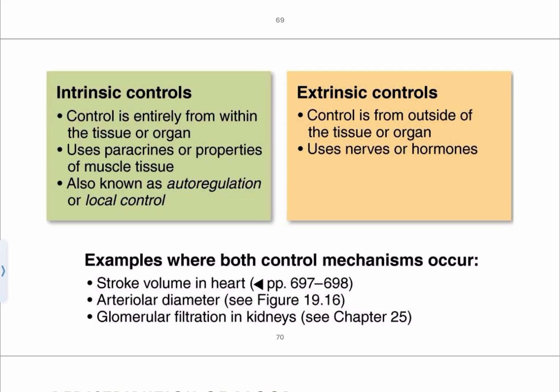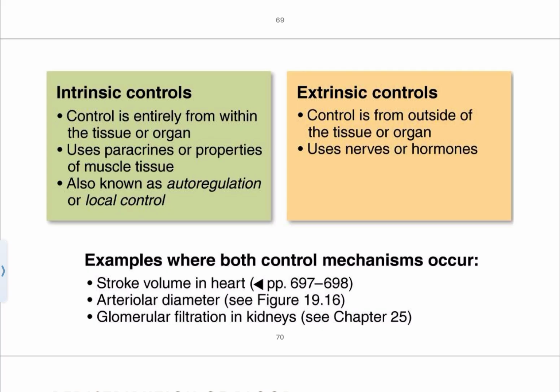So, talking about the intrinsic versus extrinsic controls, if we're talking about intrinsic, we're talking about control from the tissue or organ itself. And they use things called paracrines, which are just local acting chemical messengers, or even properties of muscle tissue, so their ability to constrict or dilate.